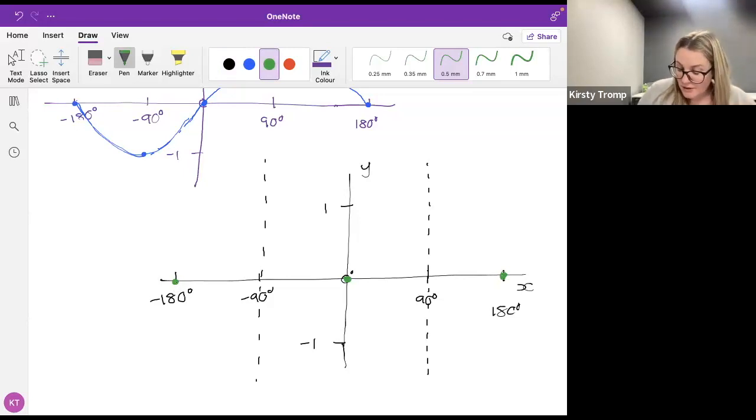All right. So can I draw anything yet? I can't draw anything. There's nothing I can draw yet. So what do I need to do for the tan graph? What did we say earlier?